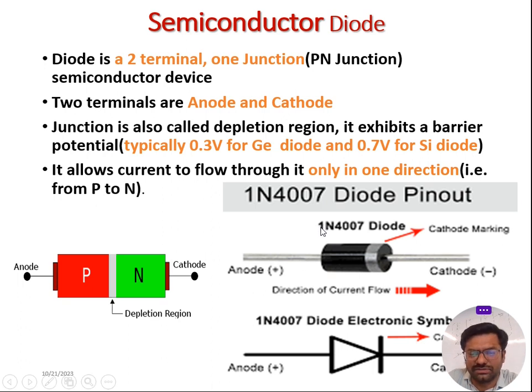Usually all diodes are named starting with 1, which implies the first semiconductor device. The symbol is like this. This terminal is the P terminal, so it is an anode, and this terminal is the N terminal, so we call it a cathode.